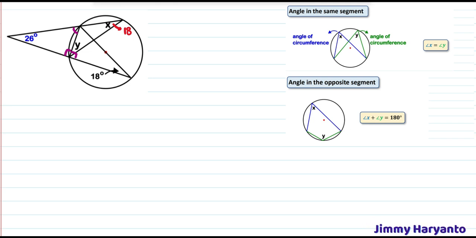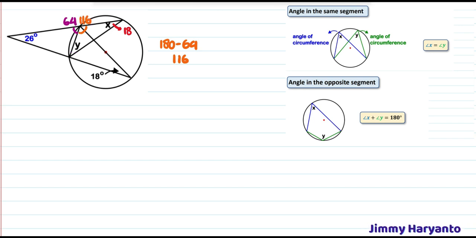This one is 64. Next, I want to find this one. That one will be 180 minus 64, since this is a straight line, which means 180. So I will have 116. That one is 116.